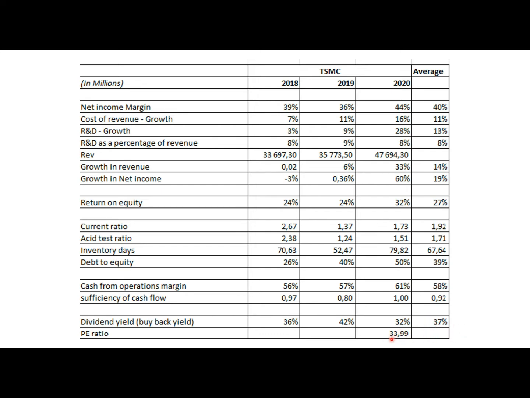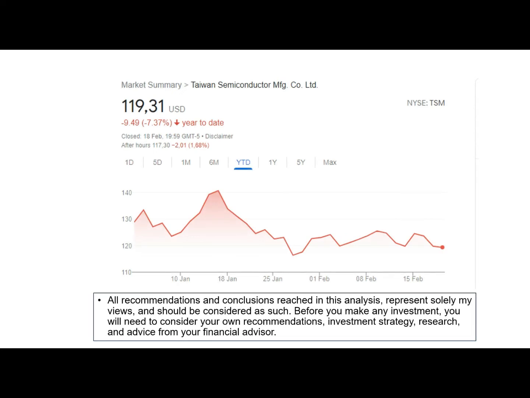And sitting at 34, that is just pretty low. That is very, very low. Now, Taiwan Semi, in my view, is operating at a massive discount. It should be trading at least 40% higher than what it is, and you can see that with the PE of just 34. But that's because of China.